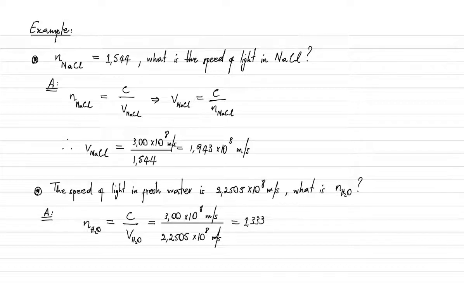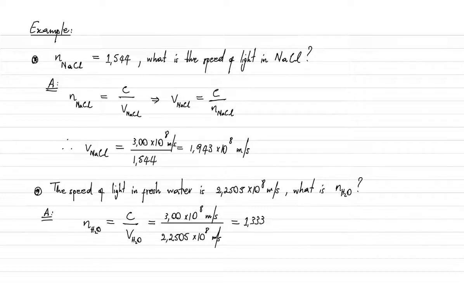Let's consider a second example where we could use the index of refraction definition the other way. Suppose this time around we're given the speed of light in the medium and we're interested in determining the index of refraction of that medium. Then we could use this in a straightforward way.